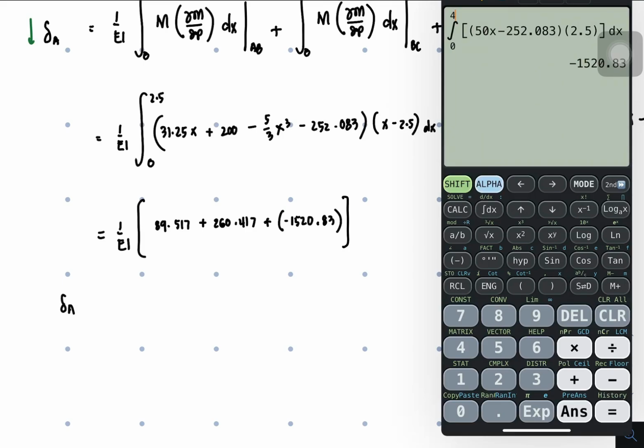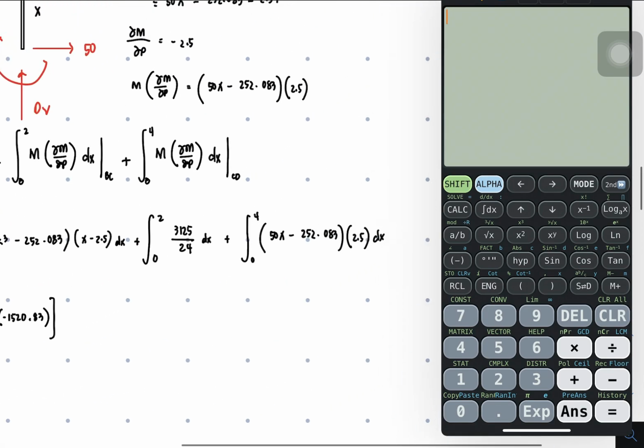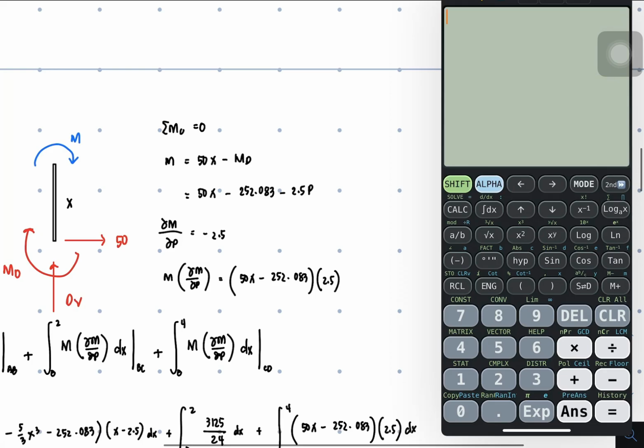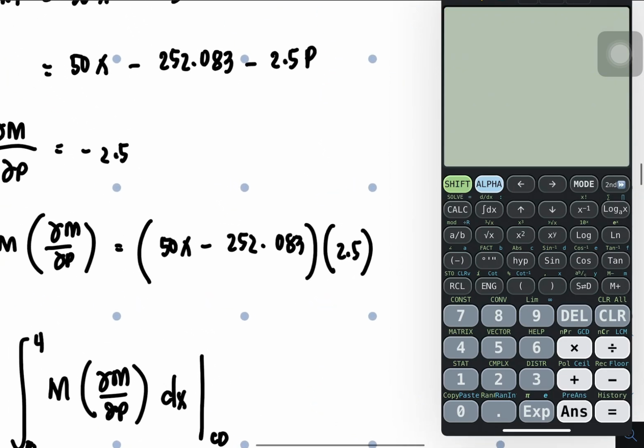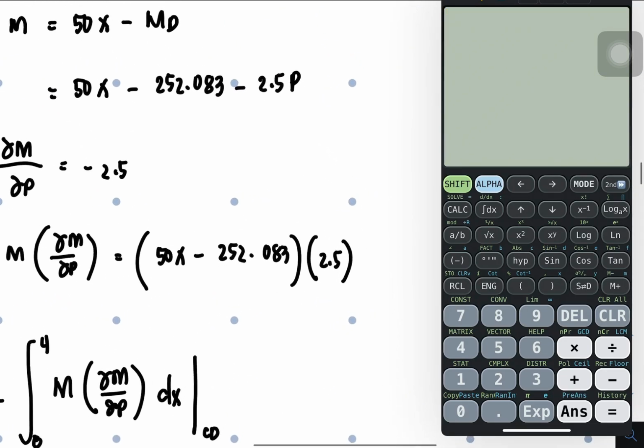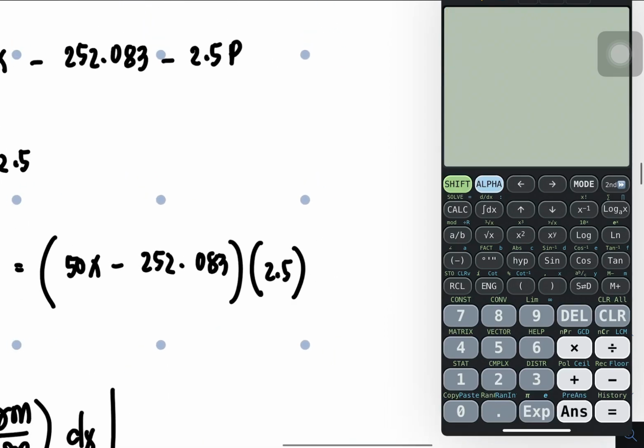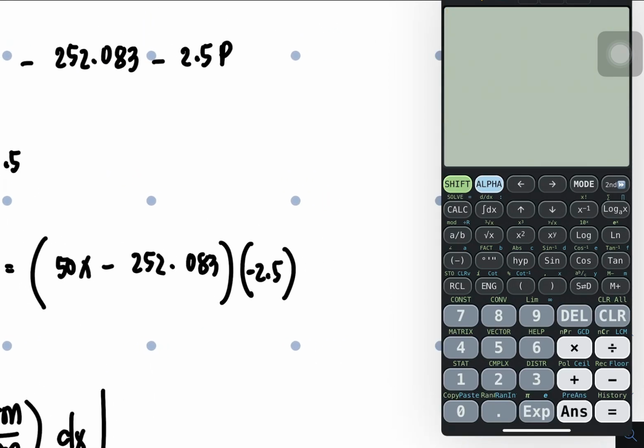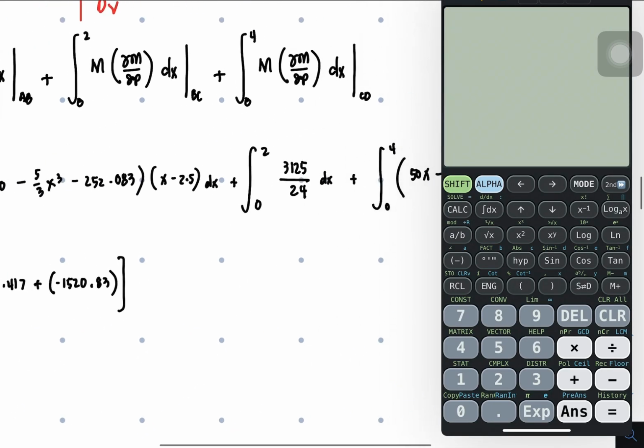So the deflection at A is equal to 1 over EI, is not positive, but rather, no, I almost forgot that this must be negative. Negative 2.5 first.